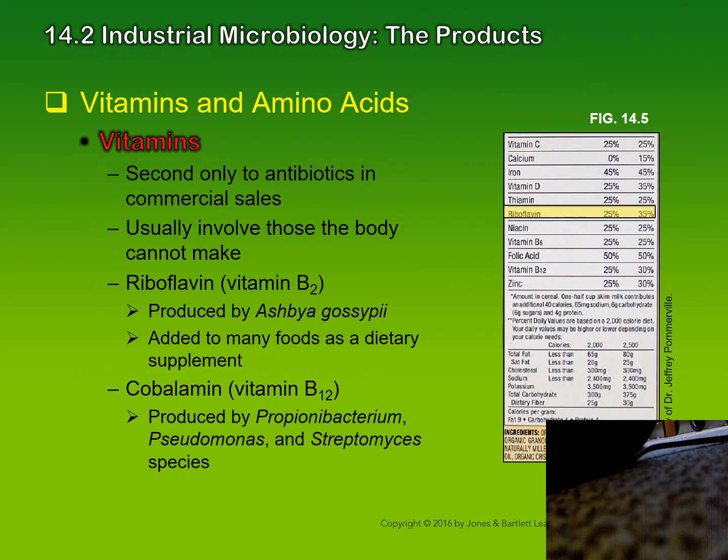Cobalamin, B12, is made by Propionibacterium, Pseudomonas and Streptomyces species, and is definitely used to fortify different foods. As you look at almost any commercial food label, you can see that a large amount of B12 is added.